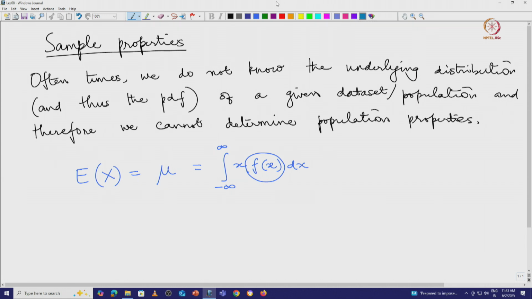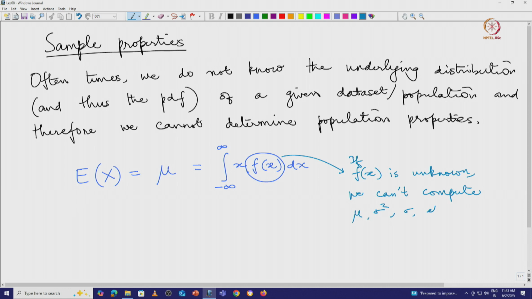Okay. So, in these cases, because f of x is not known, we can't compute the mean and the standard deviation and the variance and so on, right.